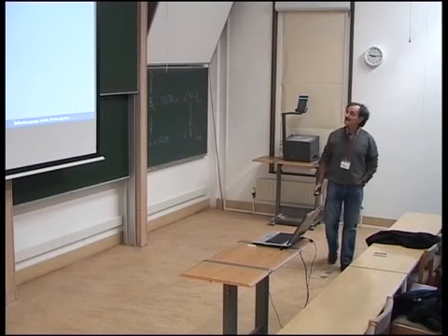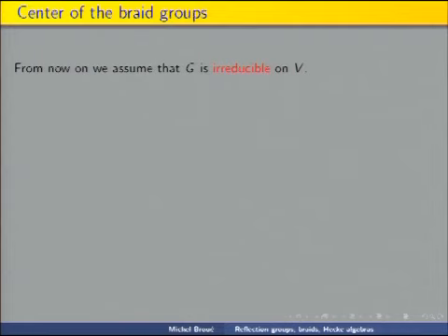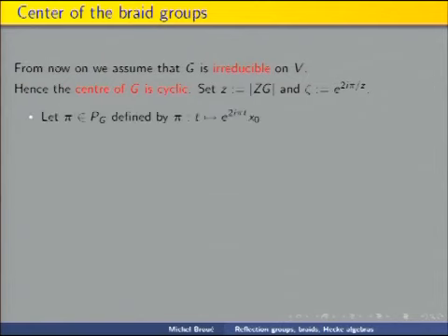Okay, so from now on we assume that G acts irreducibly on V. G is my finite reflection group. So by Schur's theorem, the center is cyclic, and let me call z the order of the center, and let me denote by zeta the corresponding root of unity.